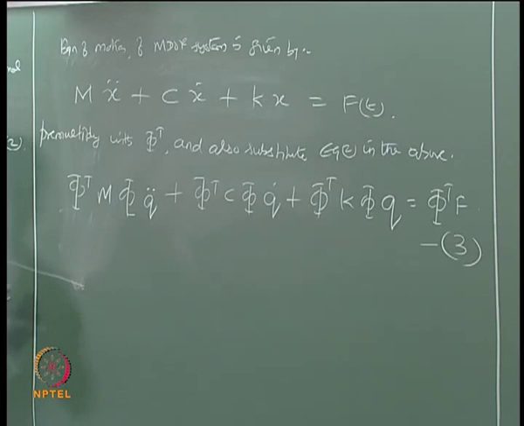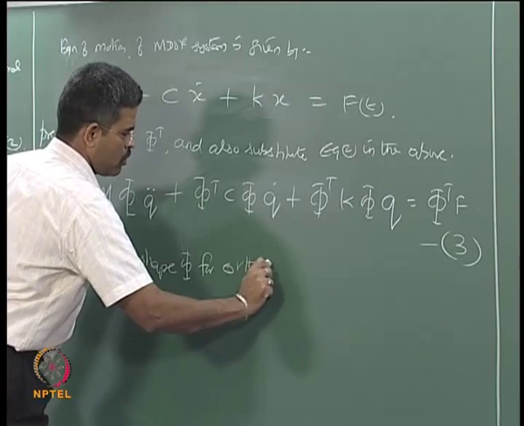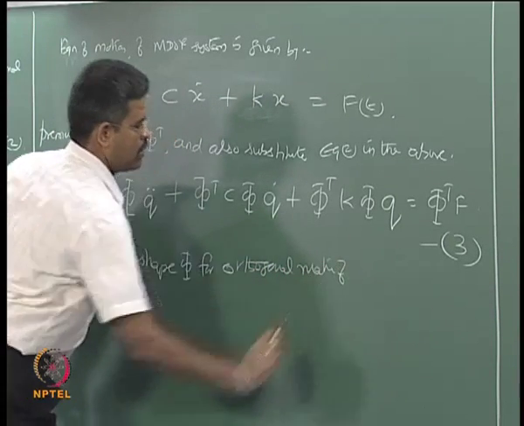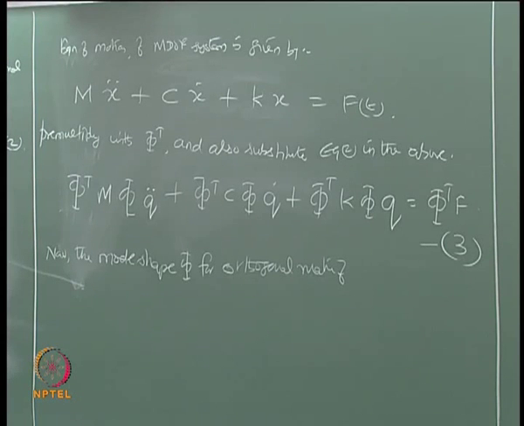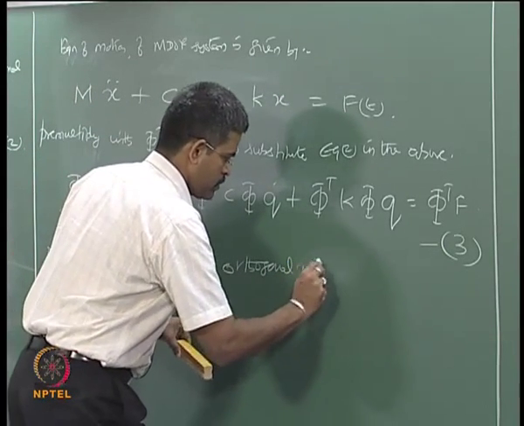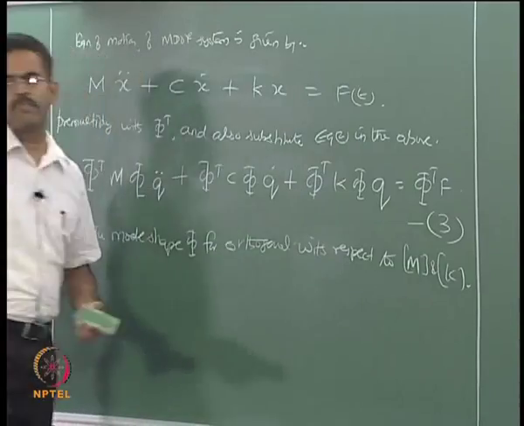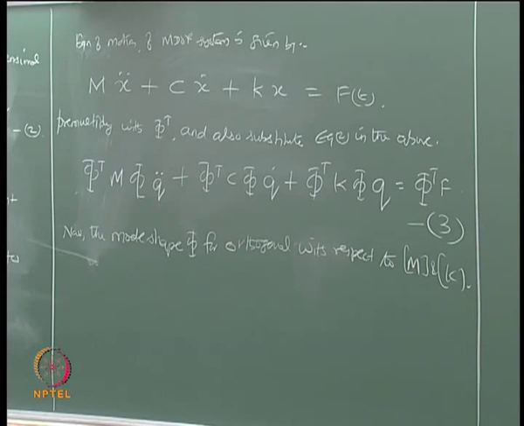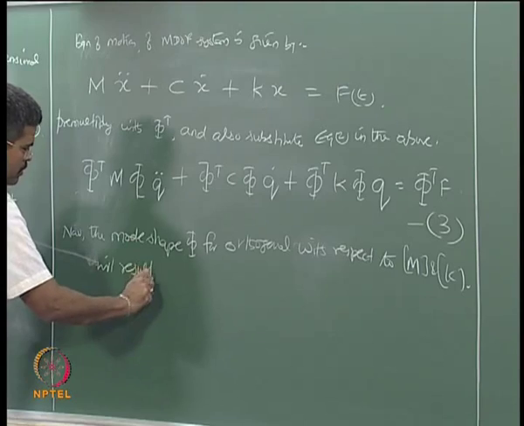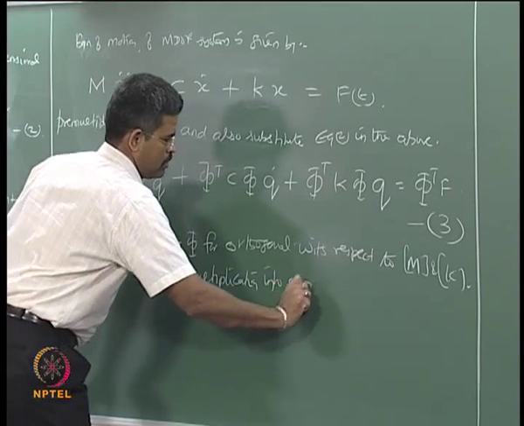Now, the mode shape phi is orthogonal with respect to m and k, and will result in diagonal matrices.